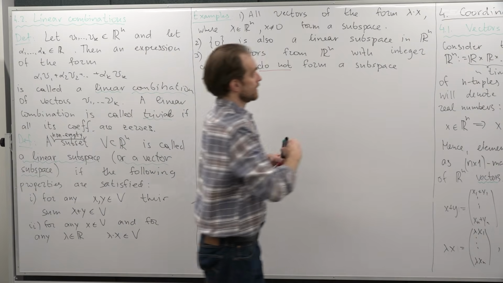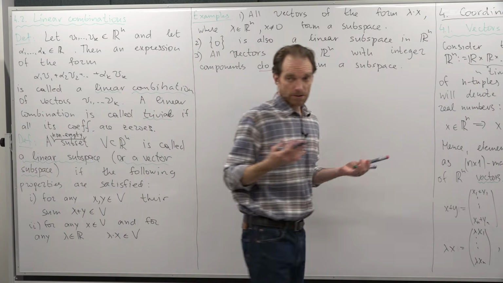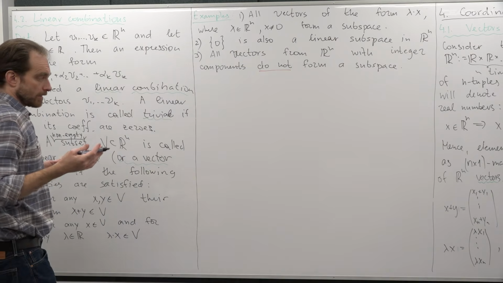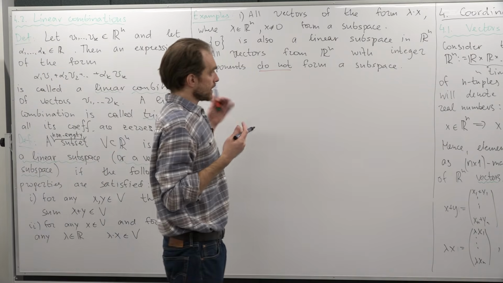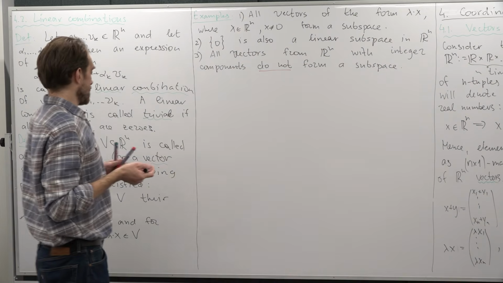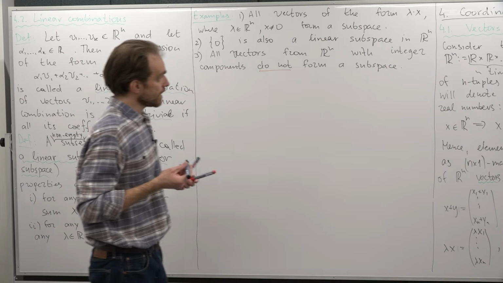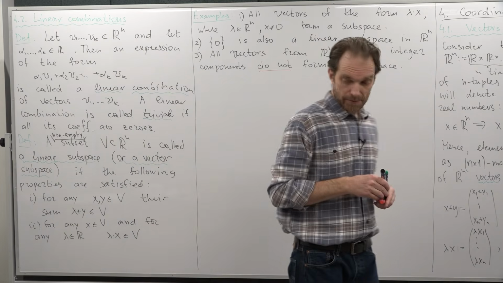Just because if we consider such a vector and multiply it by 1/2, for example, we will get a vector that does not have such form. So the second property is not satisfied for this subset.